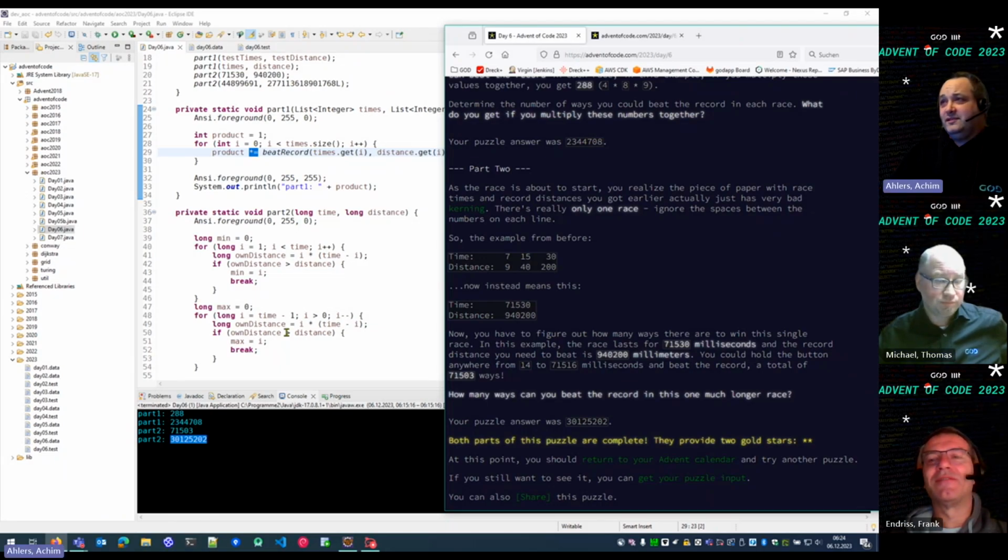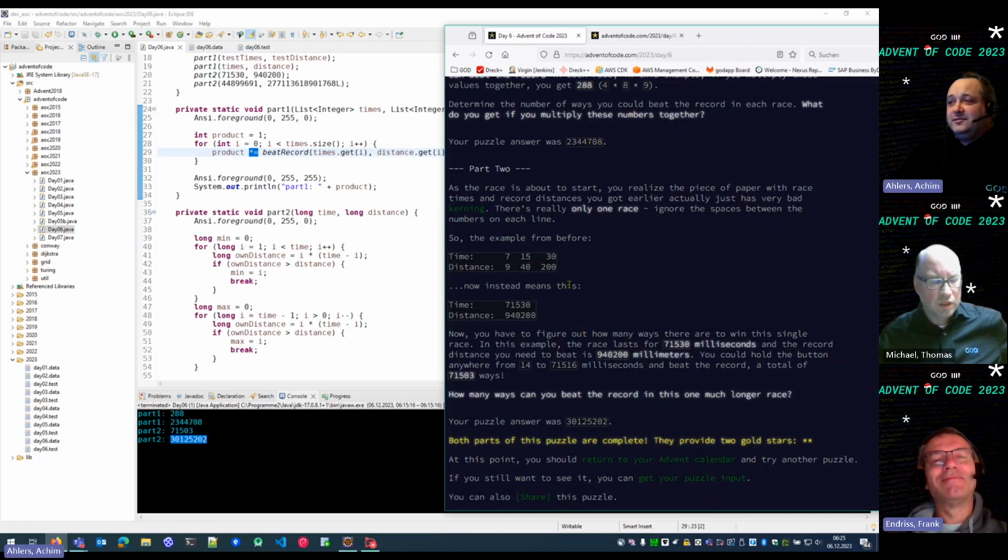If it was with really huge values, I would need to switch over to big integer. And that is performance-wise a huge hit. Yeah, if you use a binary search to search for minimum and maximum, you search only the number of bits of this number. So if it's like 64-bit numbers, you only have 64 loops, so it's still very fast.